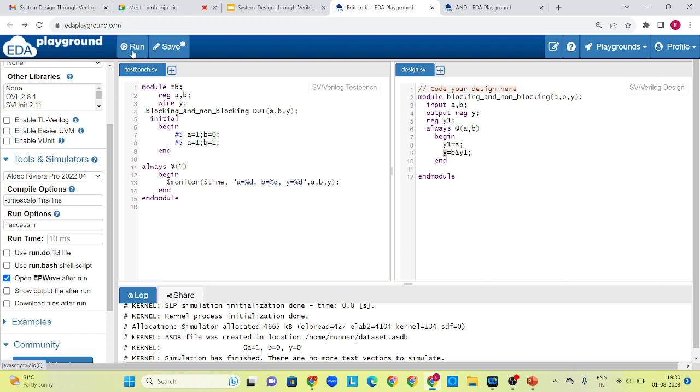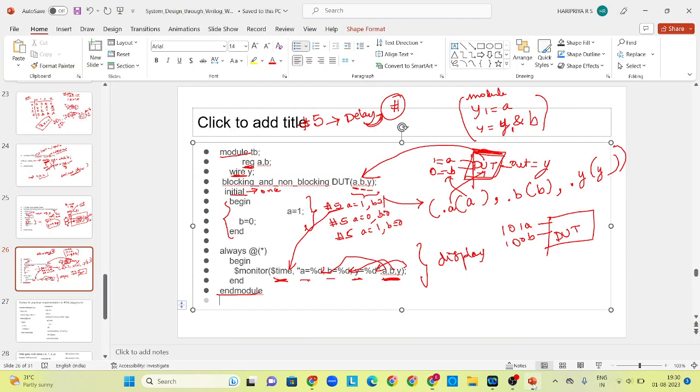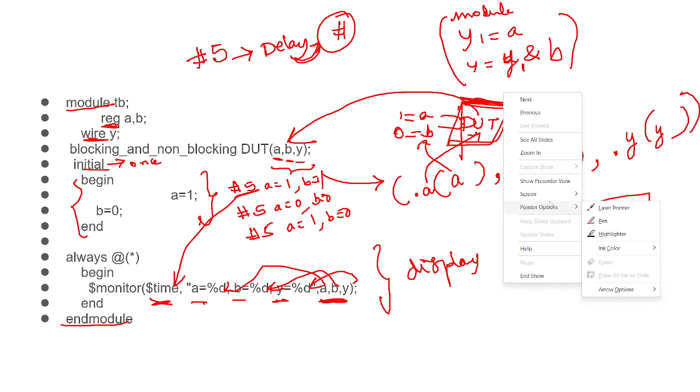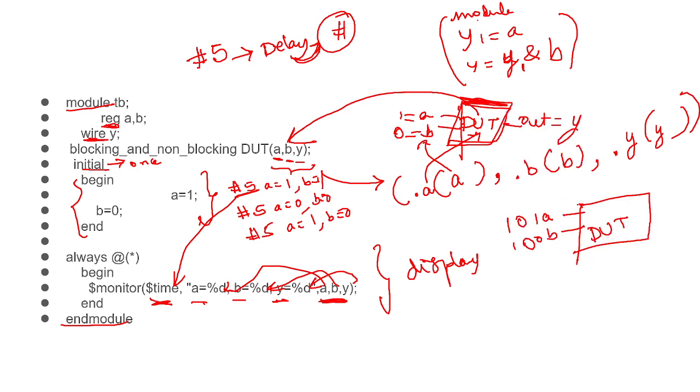So can you guess the output? Try by manually assigning it. When you have a equal to 0, a equal to 1, b equal to 0 and a equal to 1 and b equal to 1, what will be the output? This is the statement. So expression first a equal to 1, b equal to 0 and 1 1. What will be the value of y?